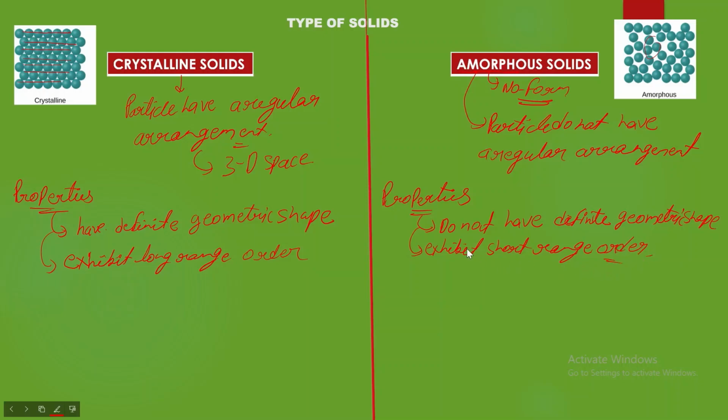The next property is that crystalline solids have a sharp melting point, or you can say a high melting point. Amorphous solids do not have a sharp melting point.